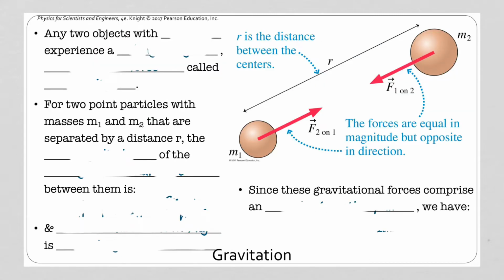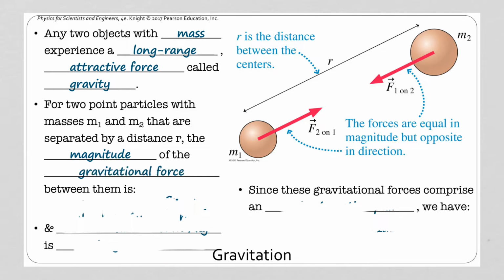Any two objects that have mass are going to have a long-range attractive force between them. This force is the force of gravity. If we consider two objects like we have here with mass m1 and m2 that are separated by a distance r, then the magnitude of the gravitational force between them is this equation here.